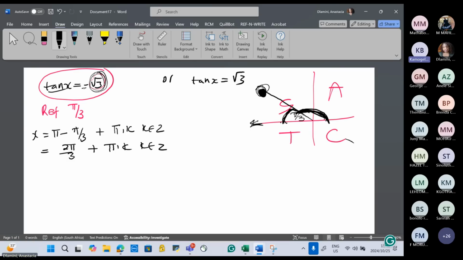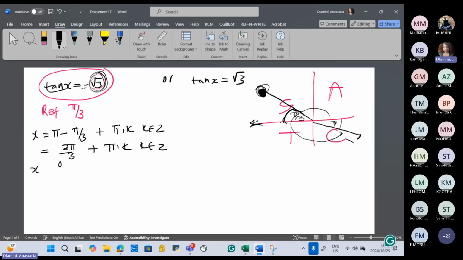Did I lose someone? Where else is tan negative? Fourth quadrant. If the reference angle here is π/3, what is the angle around like this? Isn't it going to be 2π minus π/3?